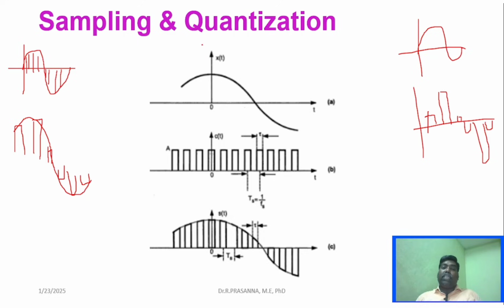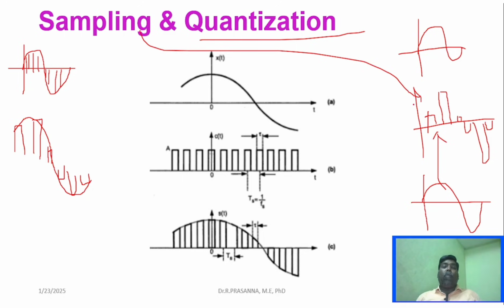And what is quantization? Quantization is a very important step, the process of digitizing the samples. What is meant by digitizing the samples? We already know this continuous signal is converted to discrete samples by using sampling, and now by using quantization I am going to digitize these samples. That is, I'm going to assign digital values, like 00, 01, 10, 11, something like that.